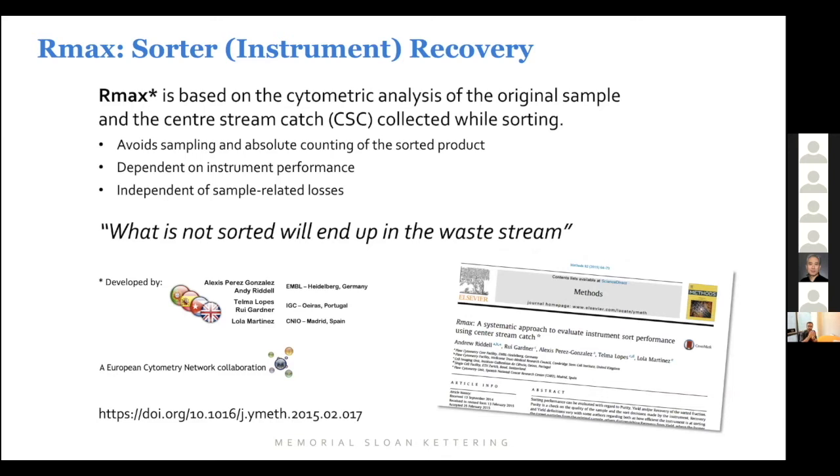If you look at the center stream, let's say you sorted all of your cells of interest, your target cells. Then you should have 0 target cells in the center stream catch, in the waste, correct? So if you have anything in the waste, it means you've lost those cells that you wanted to sort. And so that was the idea behind this.